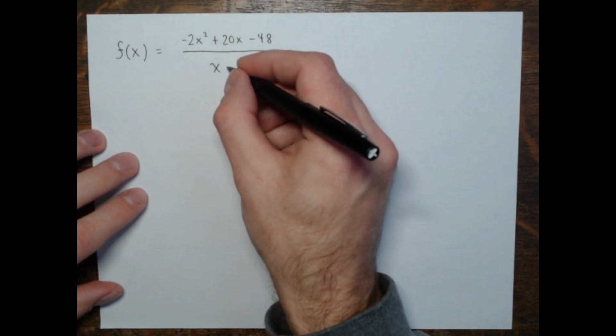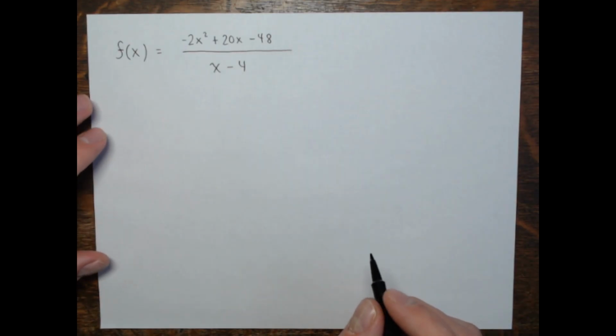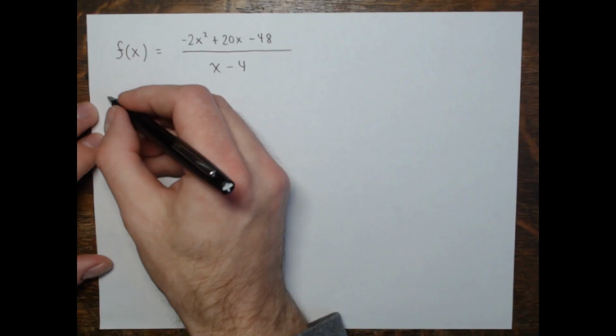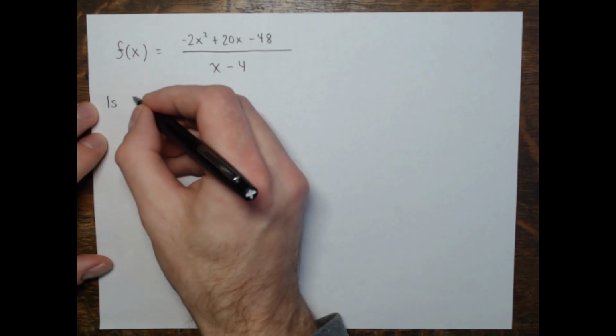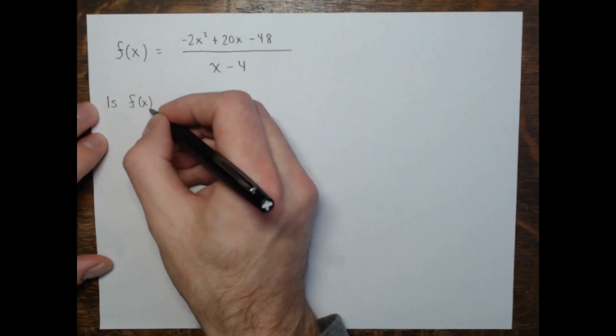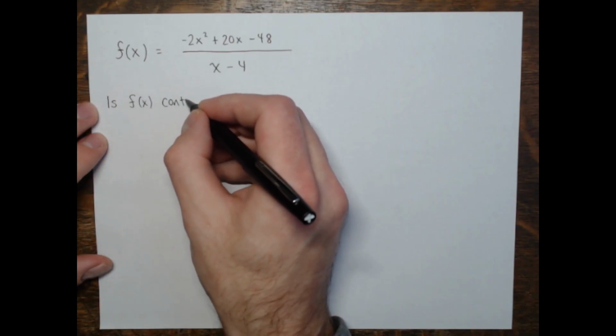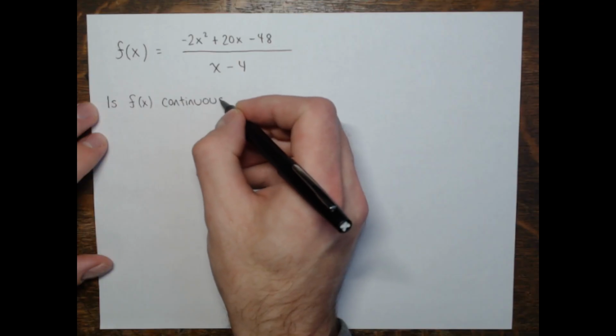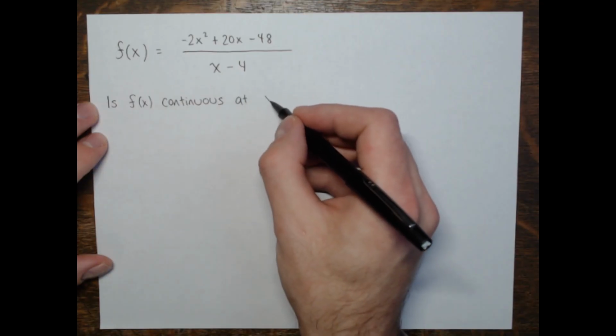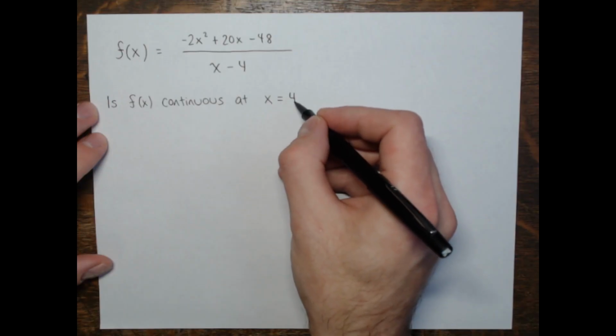The denominator is x minus 4. And then, again, the big question is: is f continuous at x equals 4?